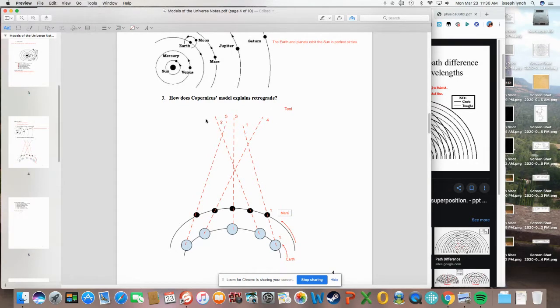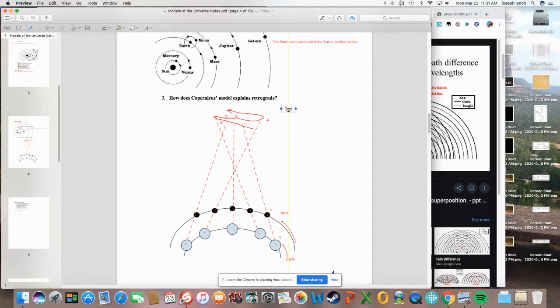And if I was to follow the entire path of it from day 1 through to day 4, it's making this path like this. Day 1, day 2, day 3, day 4, and then back over here to day 5.